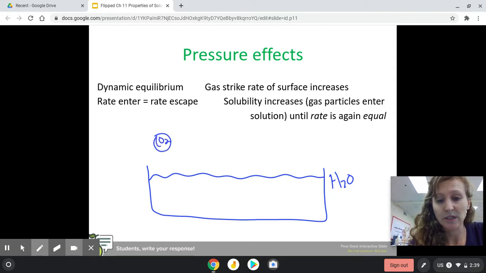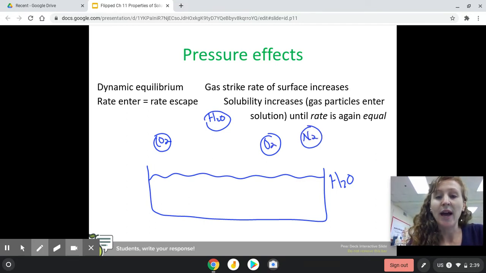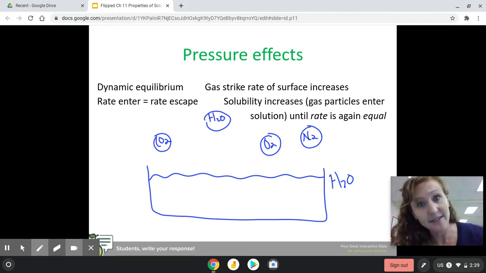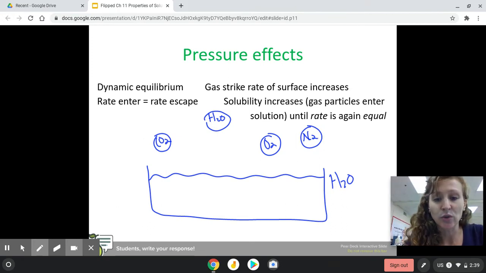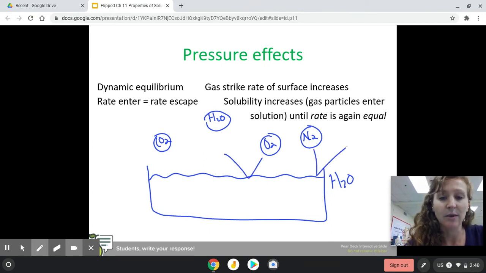If it's just open to the atmosphere, there's a lot of different gases floating around. We'll just name a couple. So as these gases are floating around our solution, they're moving quickly because they're gases, they're moving randomly because they're gases, and they are going to end up colliding with the surface of this water at some point in time.